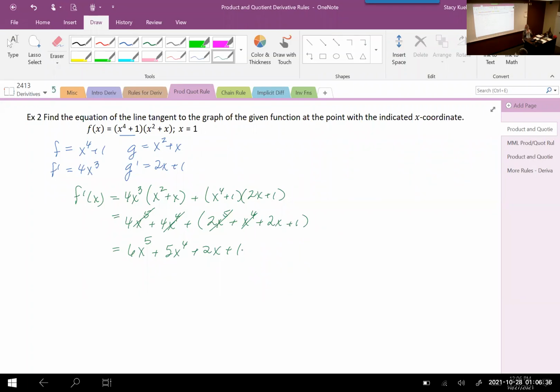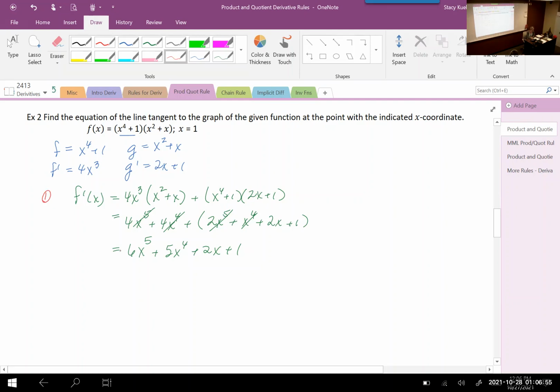Okay, find the equation of the line tangent to the graph if this is the function at the indicated point, similar to what we were doing when you started class today. So the first step in this case, I suppose, would be to find the derivative, right? So that was our first step, is find the derivative.